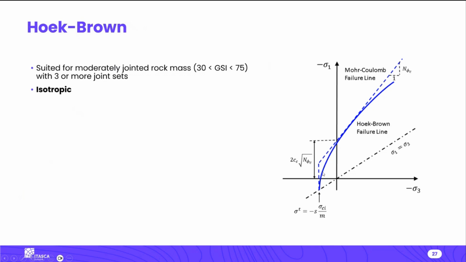The reason that people use this in rock mechanics is that when you get up to these states on the right-hand side with very high confinement, the Mohr-Coulomb gives you a strength that is too high. We know that at these high levels of confinement, rock is often not as strong as the Mohr-Coulomb line would suggest. And so we have a curved line instead, so that as the confinement increases, the strength still increases, but not as dramatically as it does for Mohr-Coulomb.